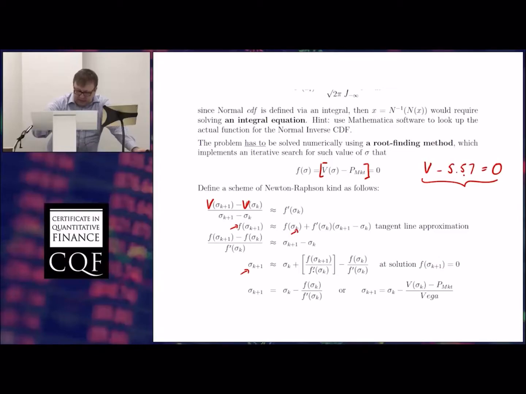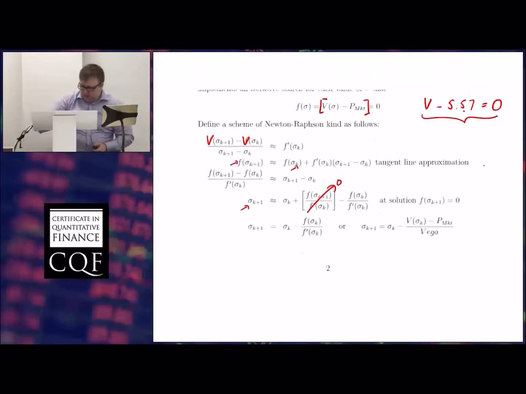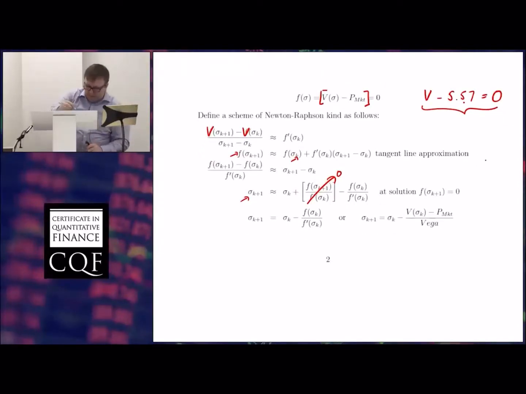So if the function is 0, this one will vanish, and then I have my scheme for updating the volatility. We take sigma k minus f of sigma k divided by the derivative of that f. Or simply speaking, essentially f is V minus market price, divided by vega.